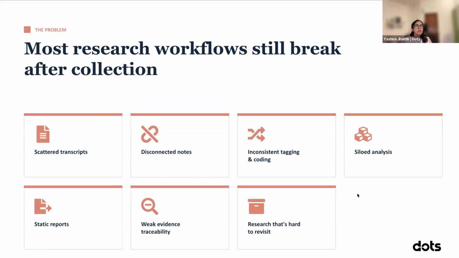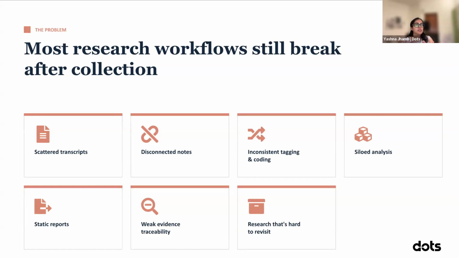What we see in research use cases is that most research workflows break after collection. There are challenges in collection as well, and we'll cover some of those, but a lot of our focus today is on what happens once you have the data in different sources, and how scattered transcripts come together.